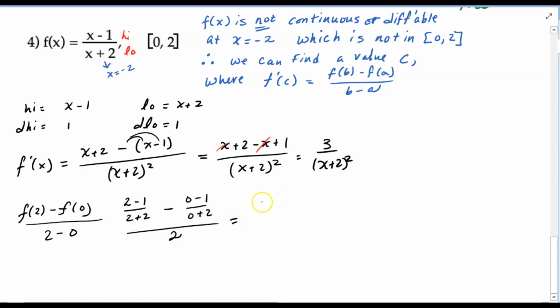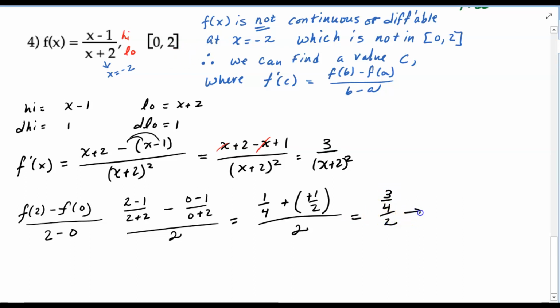So you end up with 1 over 4, 1/4, minus a negative 1/2, which becomes plus, all divided by 2, so 1/4 plus 1/2. That's just 3/4 divided by 2.